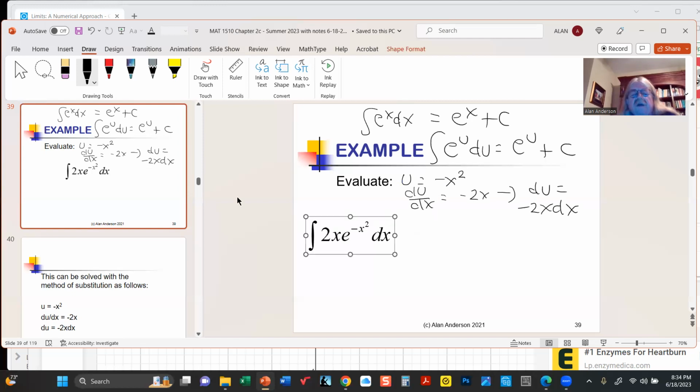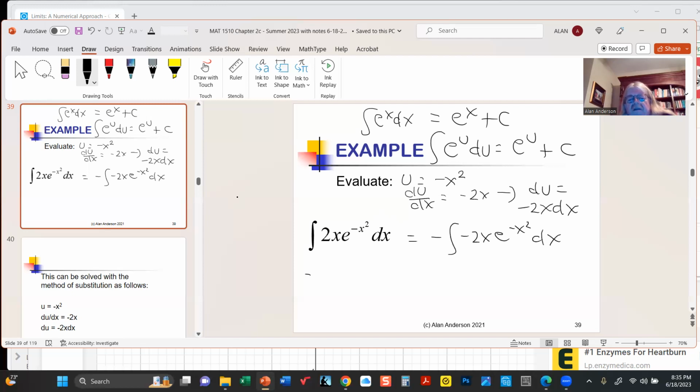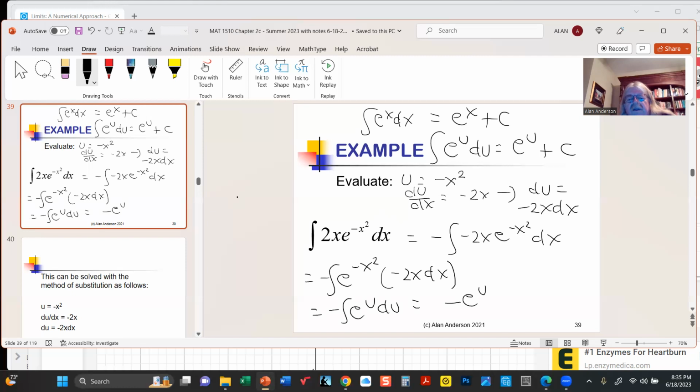We need the negatives. We have to supply the negative ourselves. So I'll rewrite this as negative e to the negative x squared. So I've actually got negative e to the u du, and I'll end up with negative e to the u plus c.